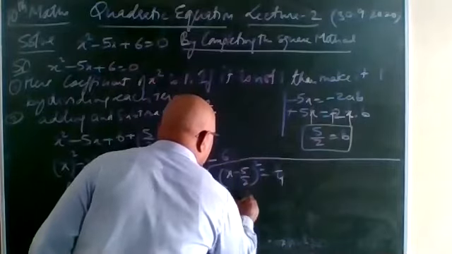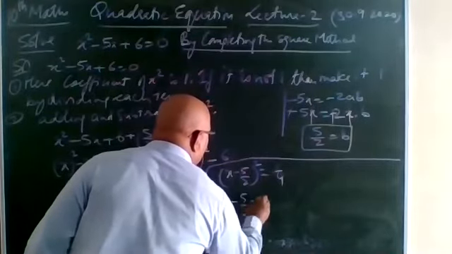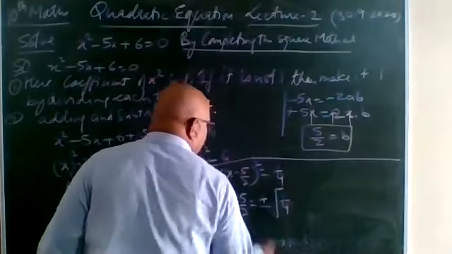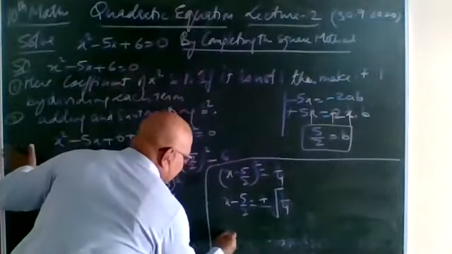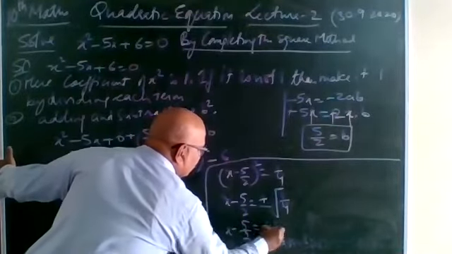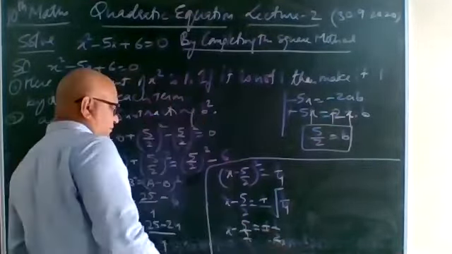So x minus 5 by 2 equal to plus minus under root 1 by 4, which is plus minus 1 by 2.